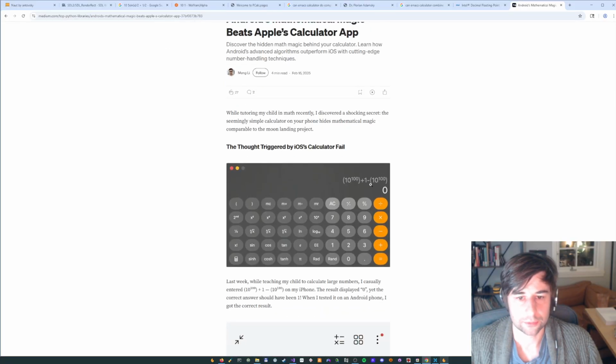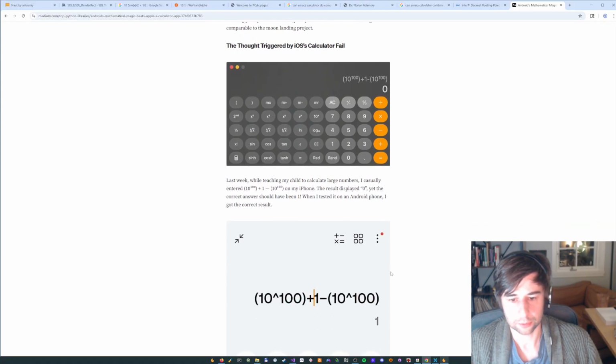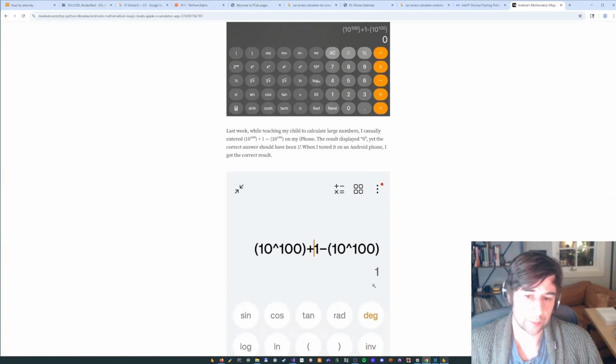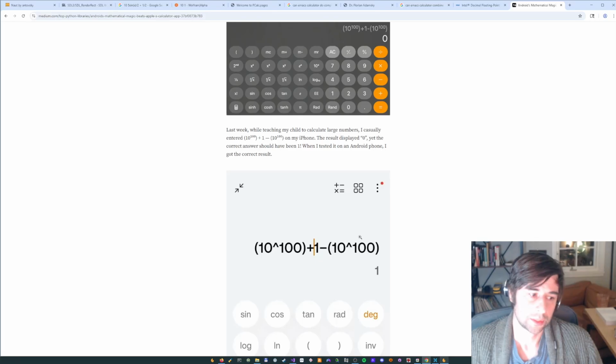If you do it on iOS, it just gives up because of floating point, but Google's calculator can do it because they symbolically subtract the right side from the left side, among other things. So I want to do that.